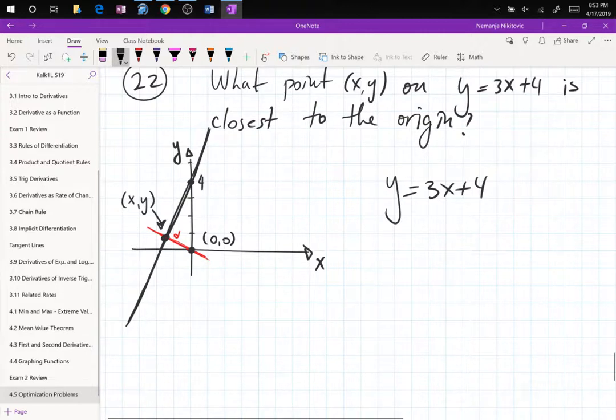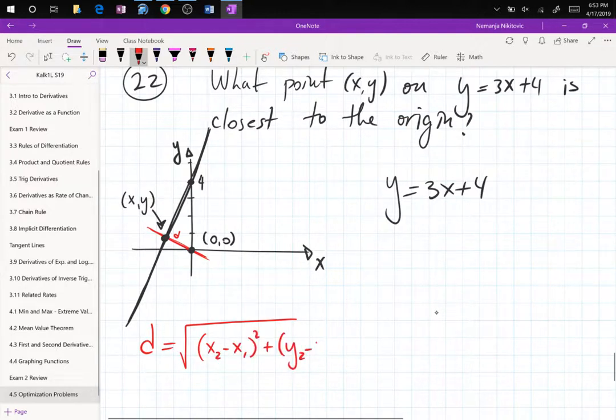So the distance formula here: the distance between 2 points is the square root of x2 minus x1 squared plus y2 minus y1 squared. So that's the distance formula between 2 points x1, y1, x2, y2.